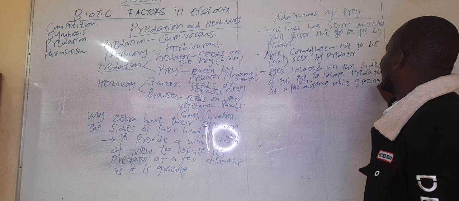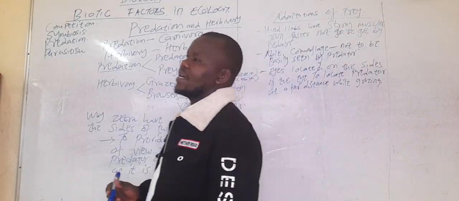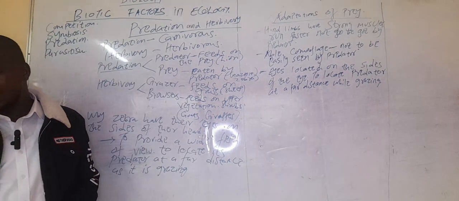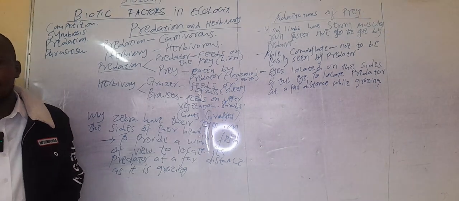And what will be the importance for that? If it will locate its predator at a longer distance as it's grazing, it means it can run at a faster rate, not to be caught by that predator.